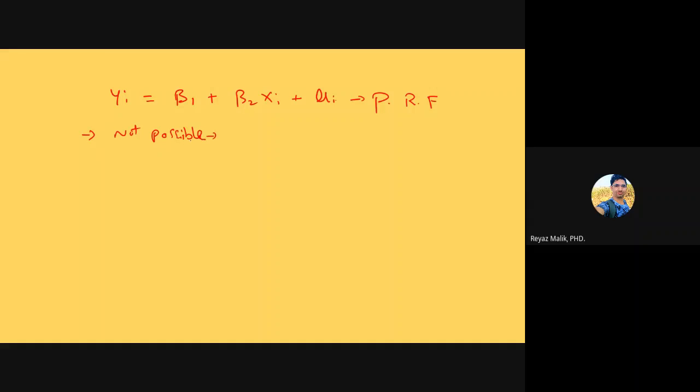I have already discussed why we cannot always have the population regression function. Yesterday, the whole class was on that one. So when it is not possible for us to estimate the population regression function, what is the next option for us? The next option is the sample regression function.